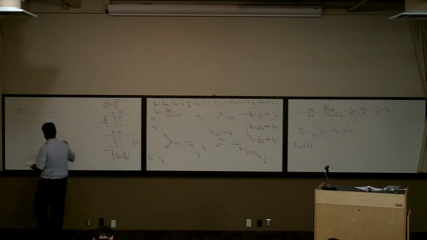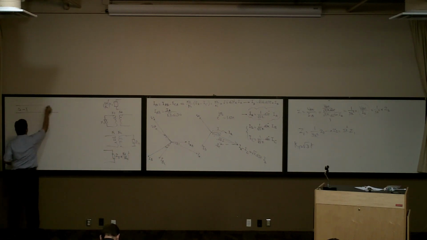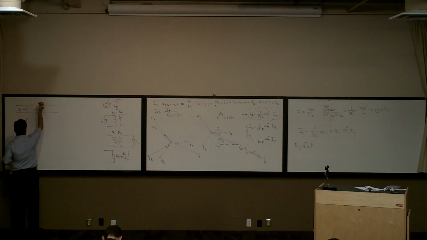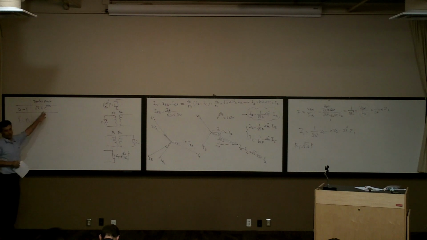So if you have a delta y, and we have y delta. Delta y, the ratio was the square root of 3 k e to the power of j pi over 6, or I put it with an angle of 30.